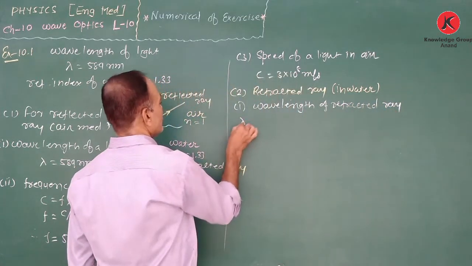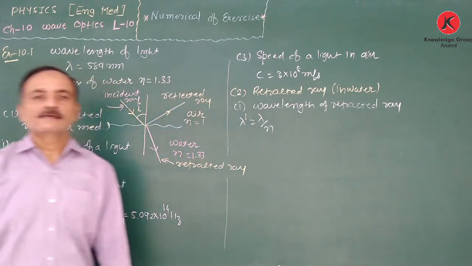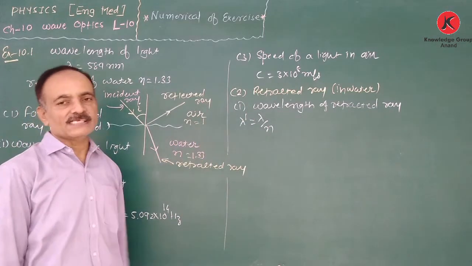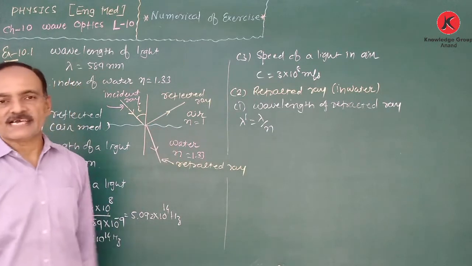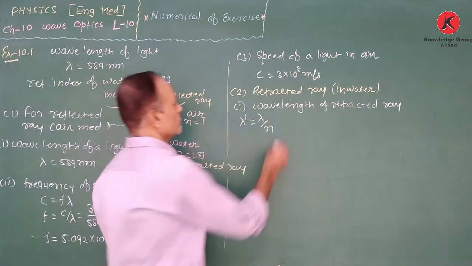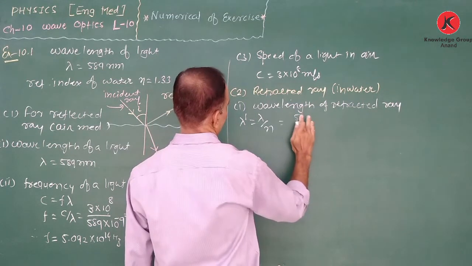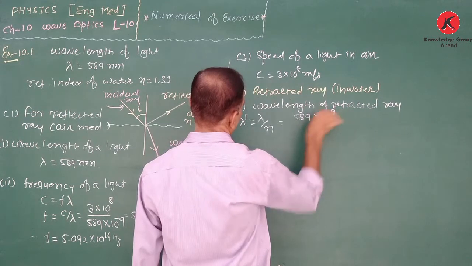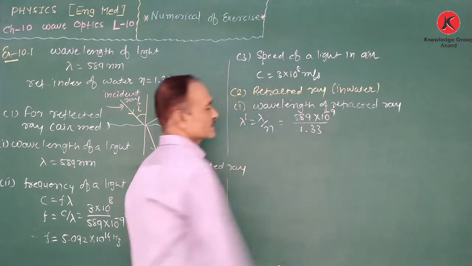That is lambda dash is equal to lambda upon n. So in another medium, the wavelength is the wavelength in the first medium divided by the refractive index of the given medium. Therefore, 589 into 10 to the power minus 9 divided by 1.33.